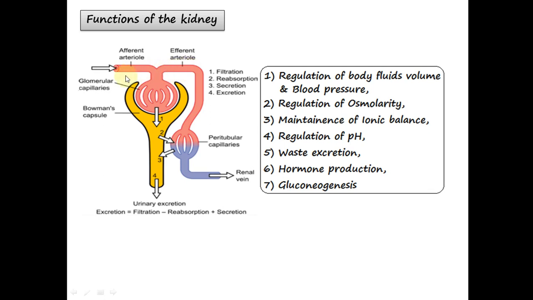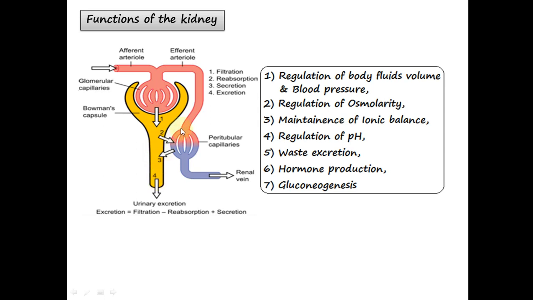So when the blood is pushed from a wider afferent arteriole into a narrow efferent arteriole, it gives rise to high pressure in the glomerulus, and under this high hydrostatic pressure, the blood, with the exception of the plasma proteins and cells, a major portion of the plasma is filtered into the glomerulus.